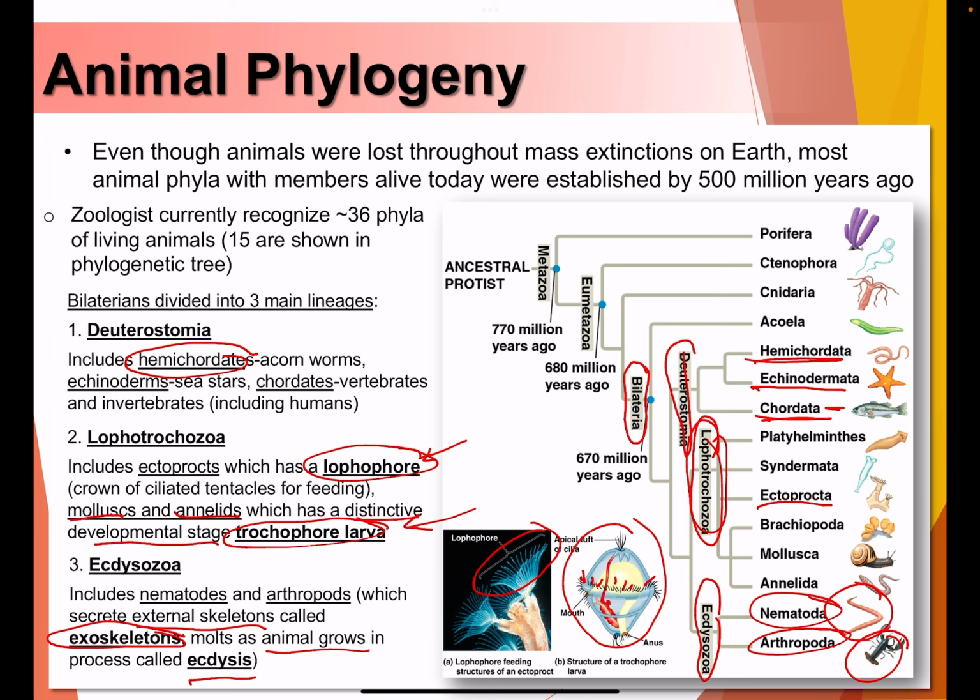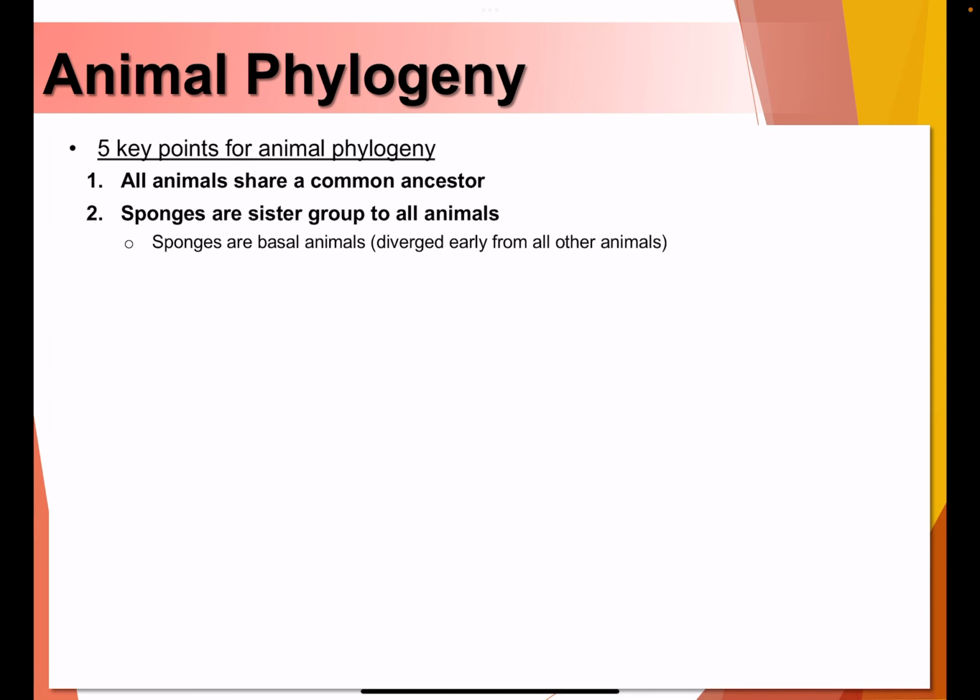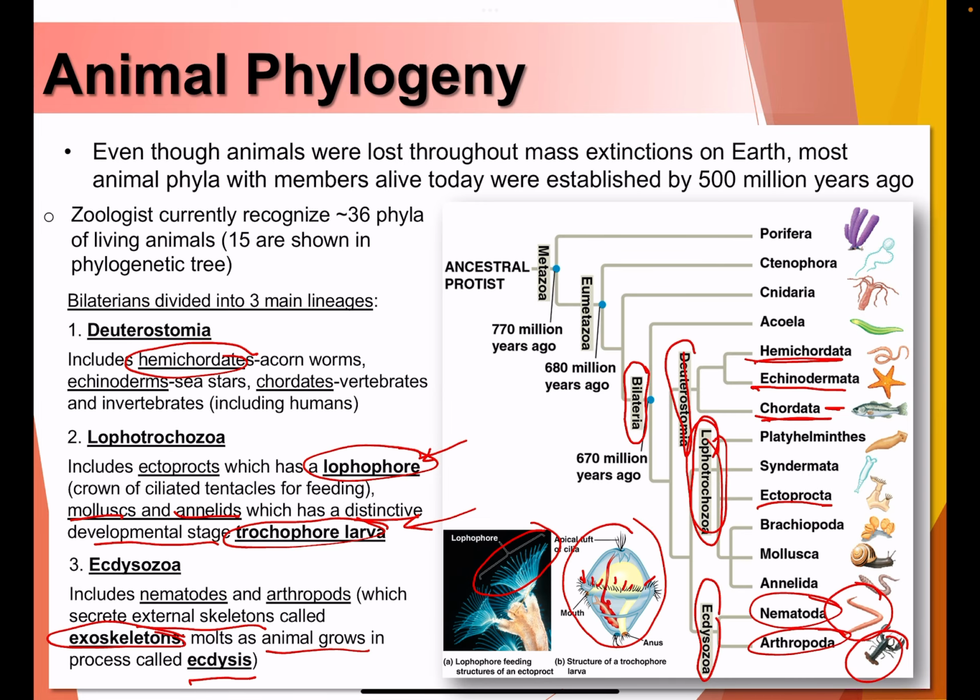Okay, ecdysis. All right, so here are the key points of animal phylogeny, and we'll end with this for chapter 32. First of all, according to animal phylogeny, all animals share a common ancestor, as we see right here, some ancestral protist is what they're thinking.